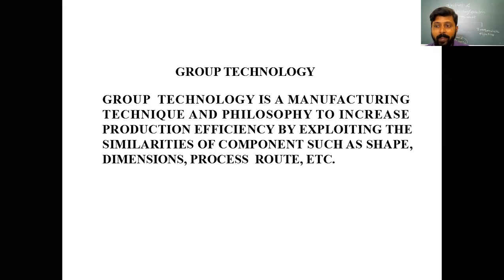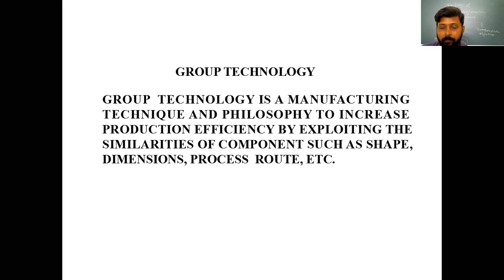So this is why it is important to discuss techniques like group technology and CAPP, and the other parts that I am going to teach you in this course. These are very important for the efficiency of manufacturing, or the shop floor efficiency.